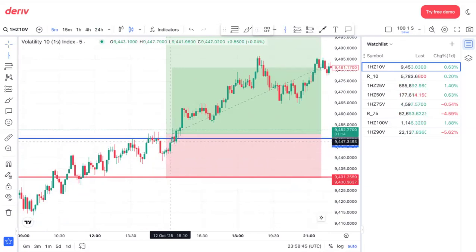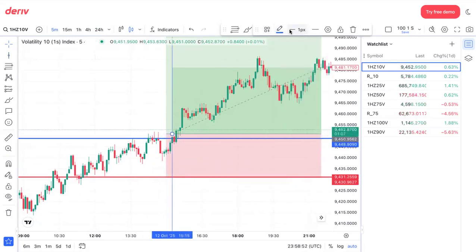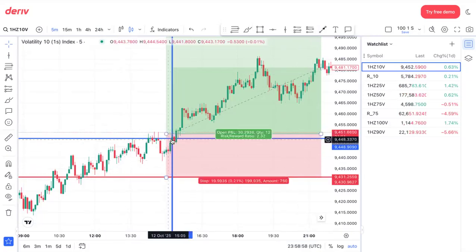So if you want, you can mark your candle where you entered. Right? Let's make this blue and let's tighten this a little bit so you guys can see what's going on. So that's my entry candle right there.